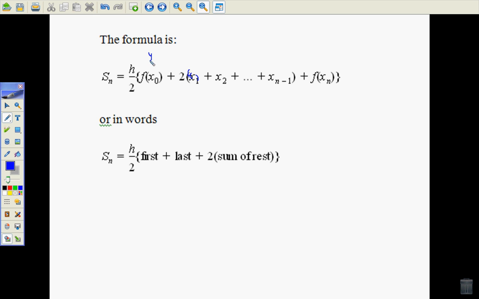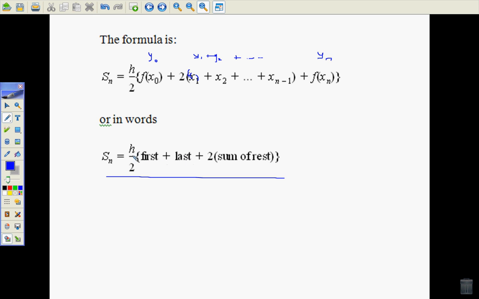In some notes you'll get y0, yn, because we're actually taking the y values, and then y1 plus y2 and so on, to the second last value. I always prefer to use words for these, because that starts to look a little bit ugly. H over 2, and then the first y value, the last y value, and 2 times the sum of the rest of them.